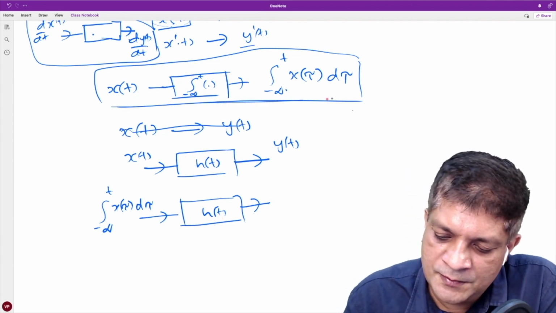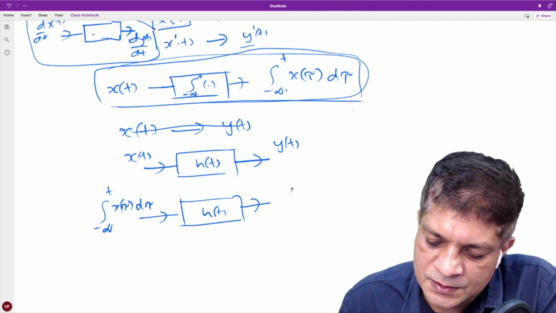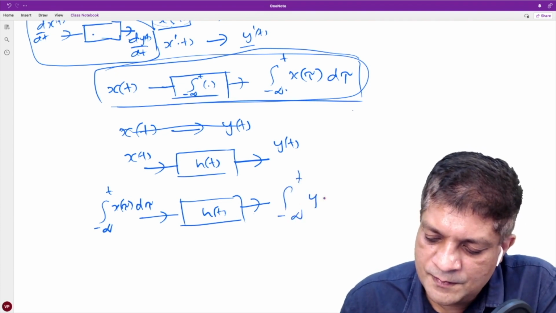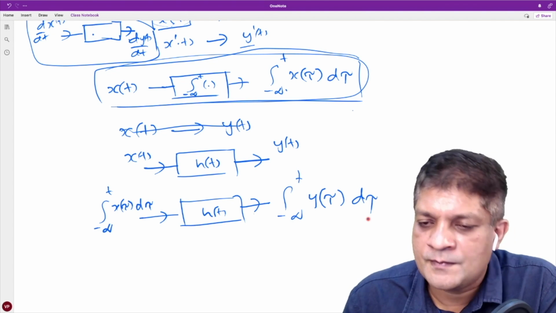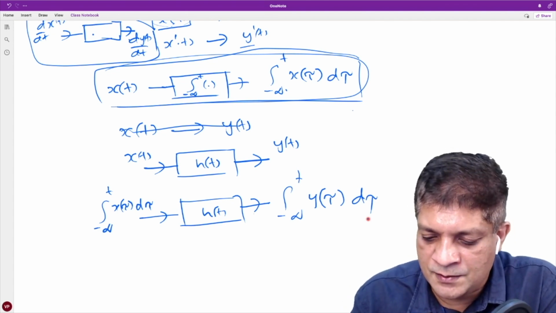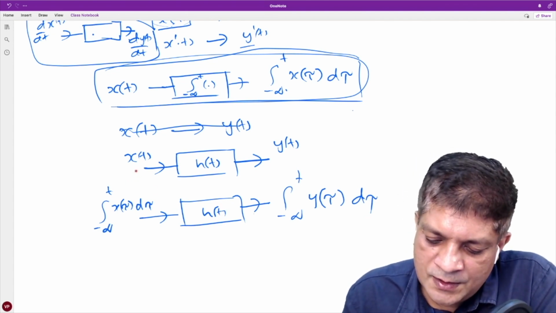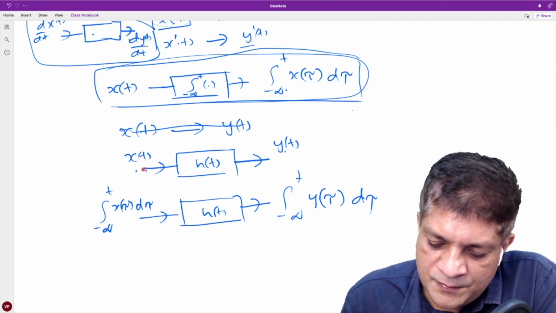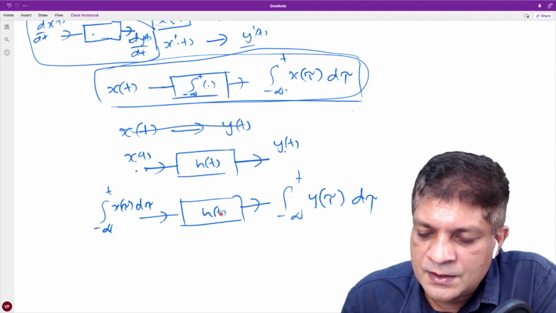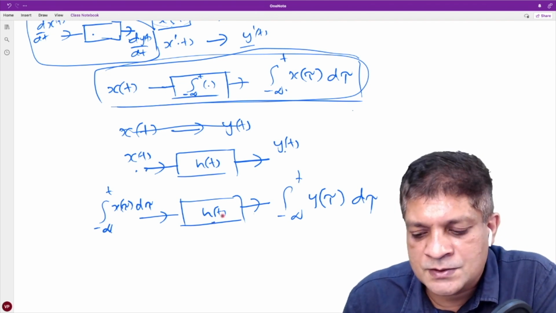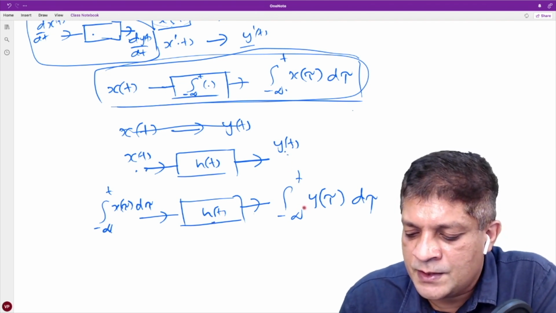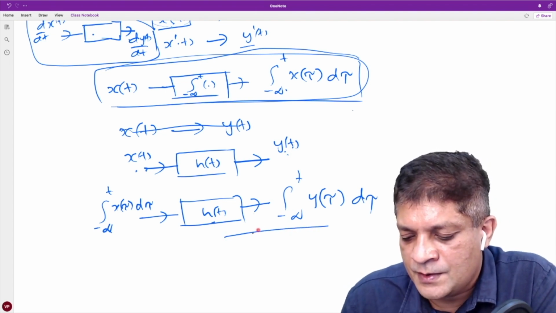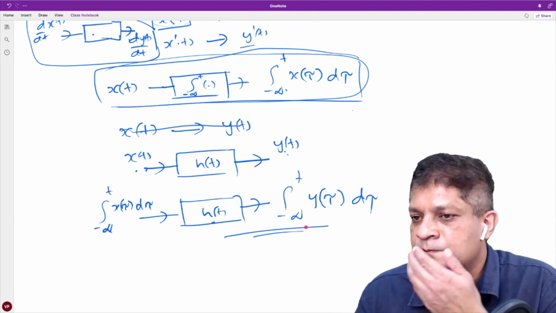This is the same as for the differentiator. The output is the integral of y(t). Okay, this you can easily prove.